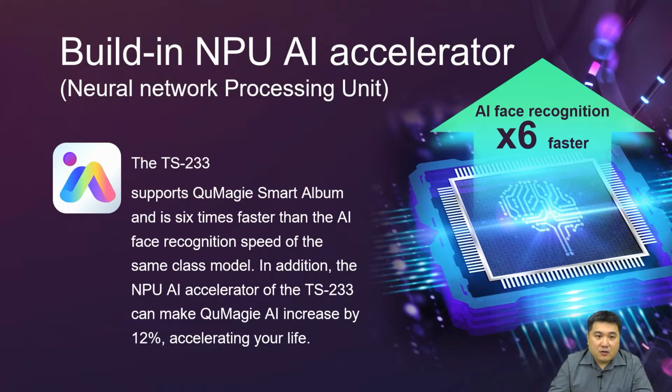The TS-233 is the only NAS equipped with an NPU AI accelerated processor, with the QNAP AI Core image recognition engine supporting Qumagie Smart Open. It is worth mentioning that the face recognition speed is 6 times faster than other models in the same class.